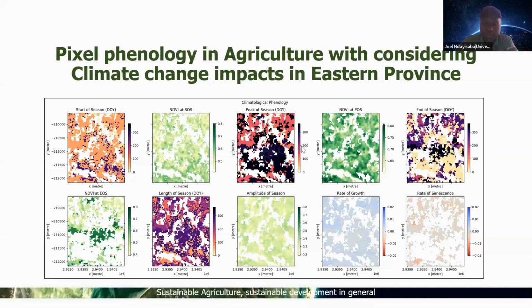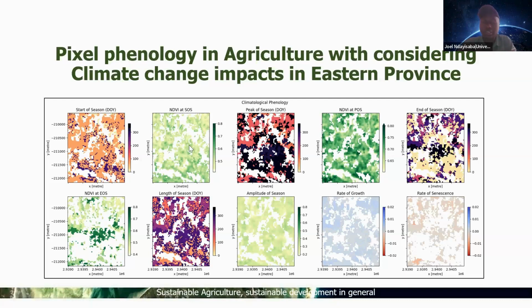So as you see the change from start of season to the peak of season, you observe that those vegetation values are not trees, because they change according to the day of year. If it's trees or forest, there is no change, because the forest doesn't change according to the season.